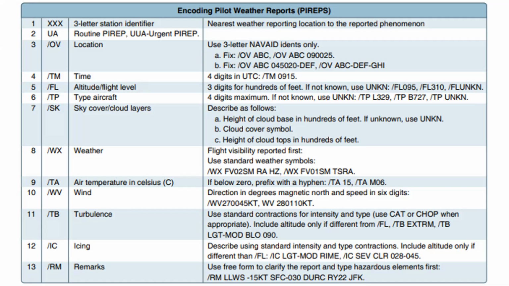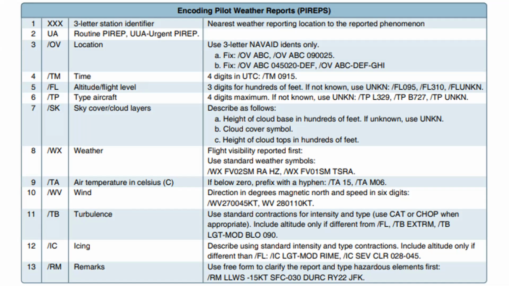So hour, minute. Slash FL is the flight level. So this will be indicated just like in the METARs, in hundreds of feet. So hundreds, thousands, 10,000s. They'll always say FL, which stands for flight level.